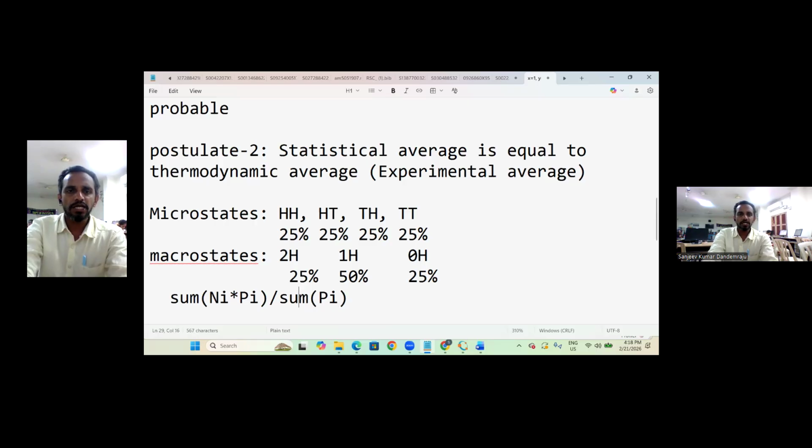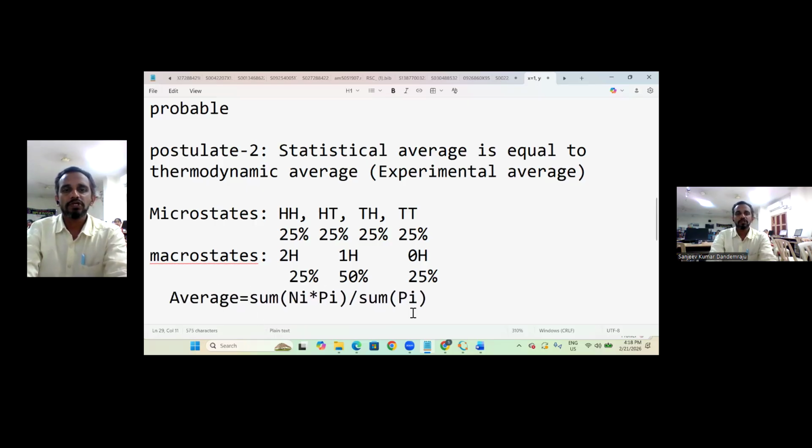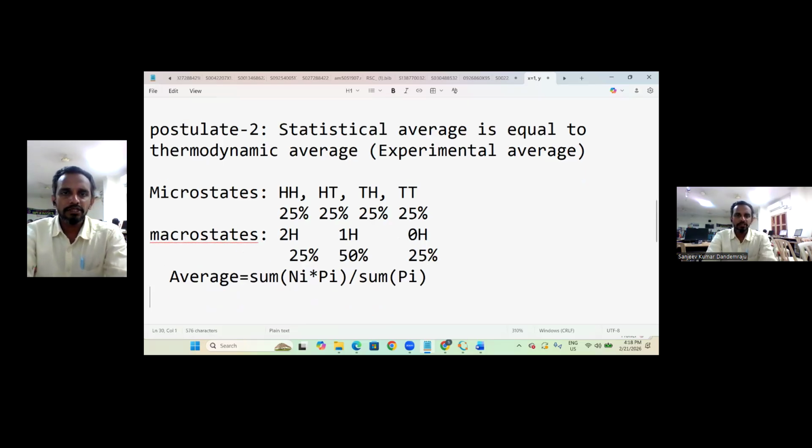So this is the average: number of outcomes multiplied by probability, divided by total probability. So what do we get?